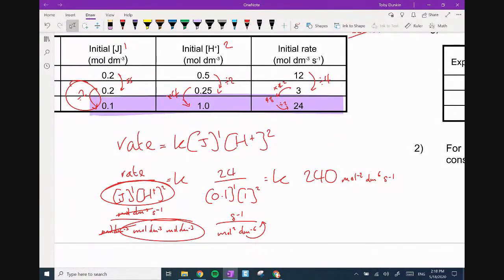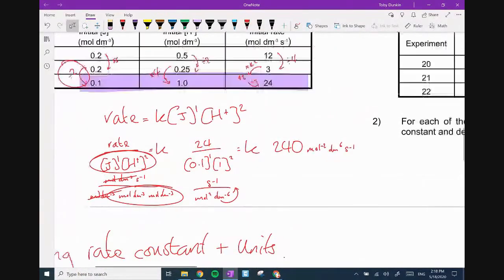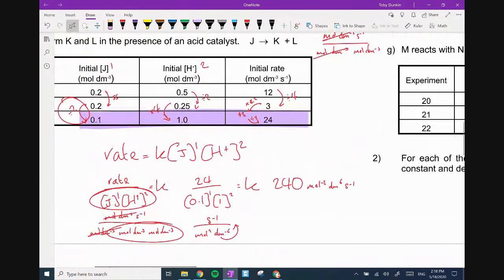Now, one of the great things I love about this, guys, is that if you're ever wondering if you're correct, you can just run this backwards. If I input k into the equation with this data set, it's going to give me my answer of 24.